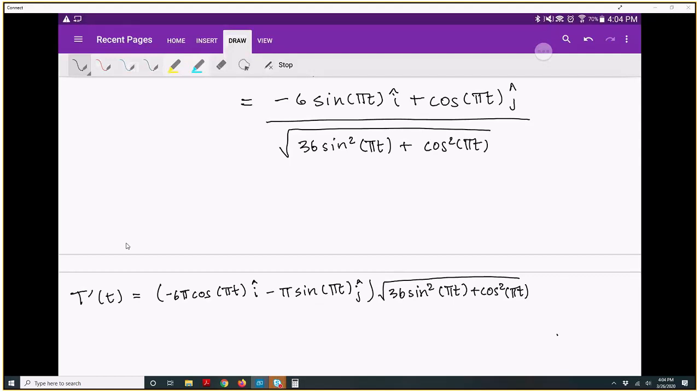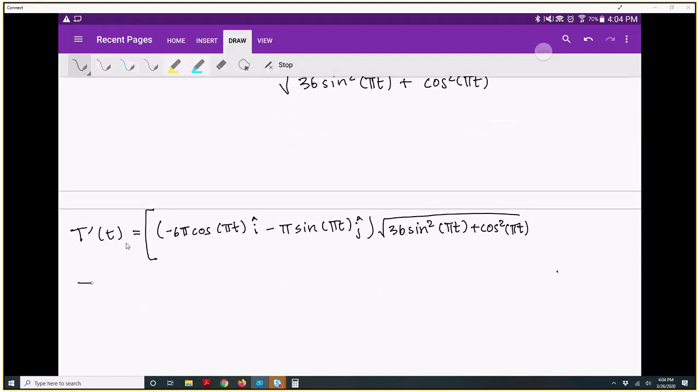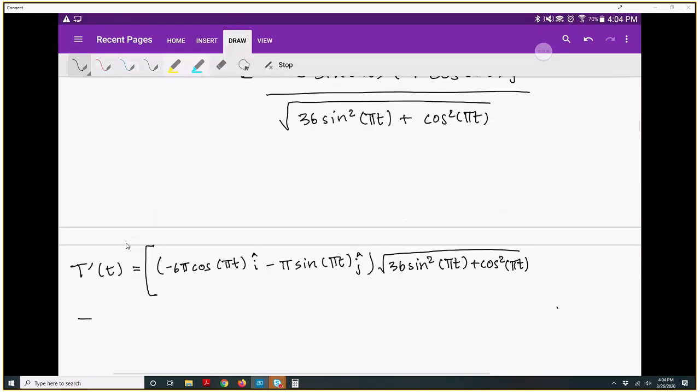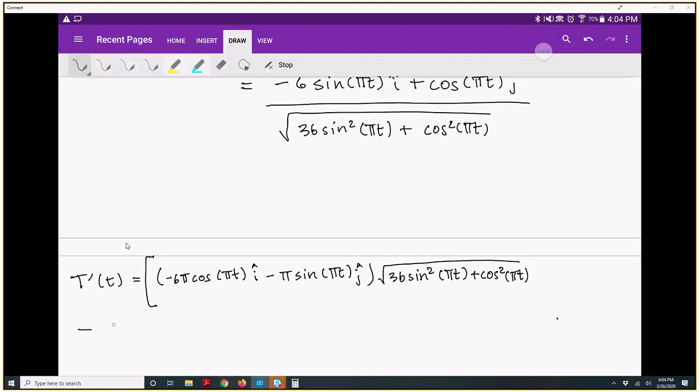Then we need to subtract. So I'm going to start a big square bracket here. From this, we're going to subtract minus 6 sine of pi t i cap plus cosine of pi t j cap. And we need to multiply by the derivative of the bottom. So we know we have the derivative of this form.